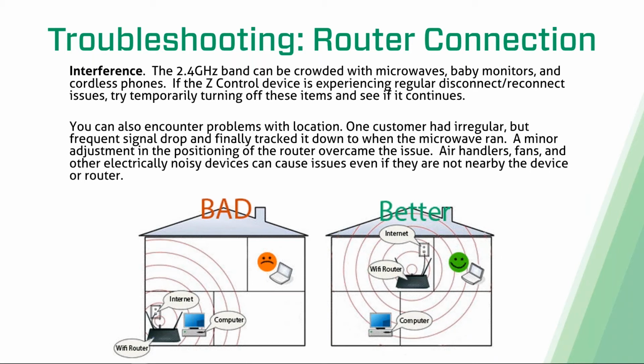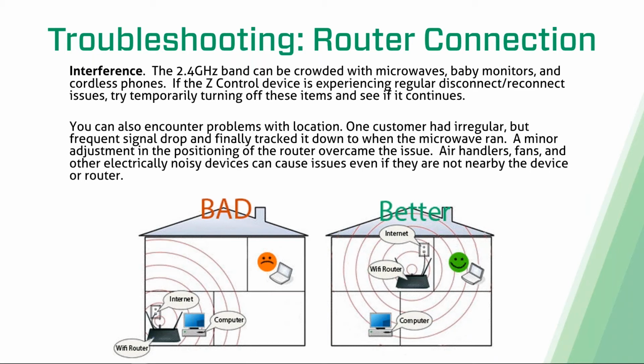Even anything electrically noisy could potentially provide interference that makes the connection drop. So air handlers, fans, things to do with the furnace. Some of the big air handlers and air conditioners have VFDs built in. Those put out a lot of electrical noise. So you could have a device at one end of the house and your router at the other end of the house, with a fairly clear path between the two.